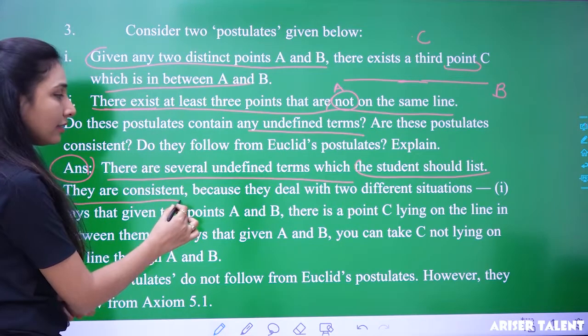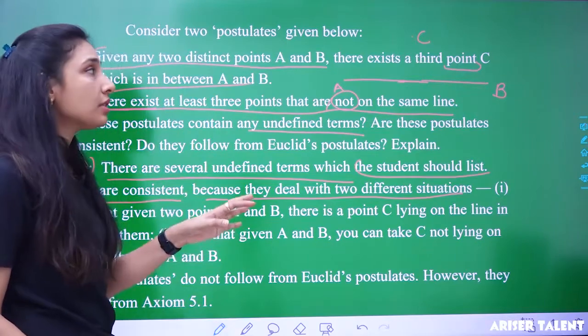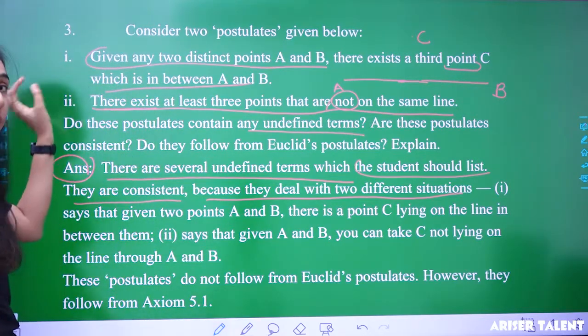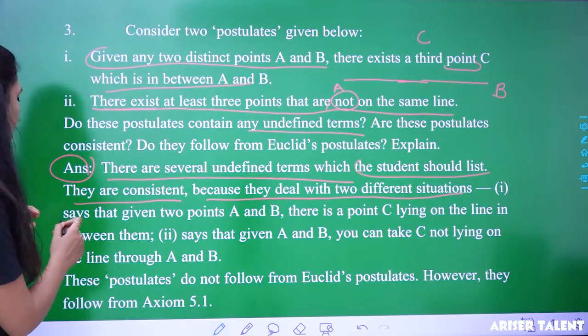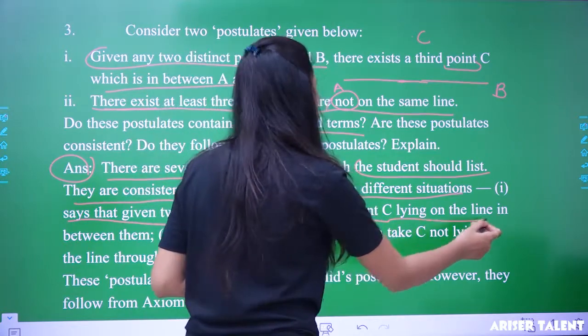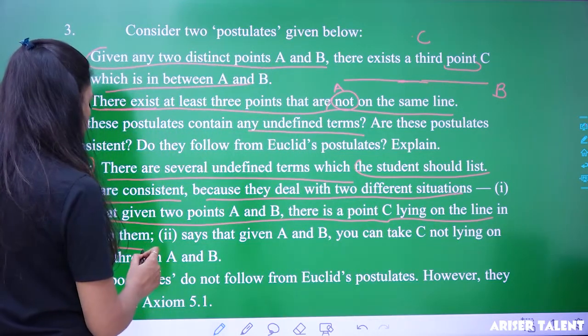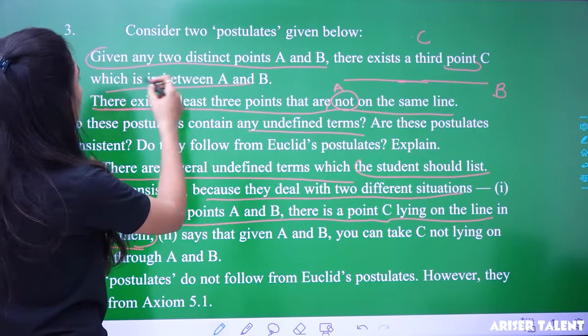They are consistent because they deal with 2 different situations. What are the 2 different situations? The first situation is given the first point, and the second is given in the second one. In the first, with 2 points A and B, there is a point C lying on the line in between them. So there exists a third point on any given 2 distinct points.